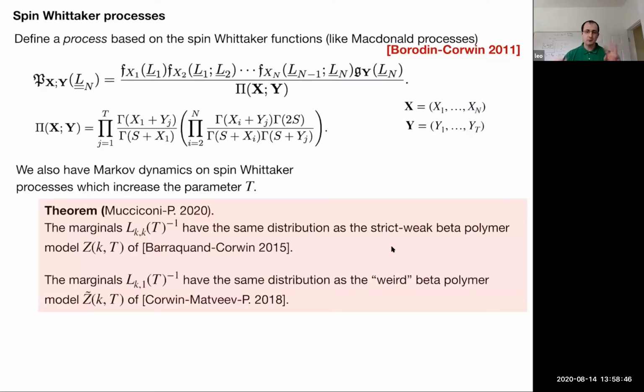So there are two polymer models. One is a simpler polymer model, which I'll discuss, and then there is a weird polymer model, which I'll show you in the next slide.